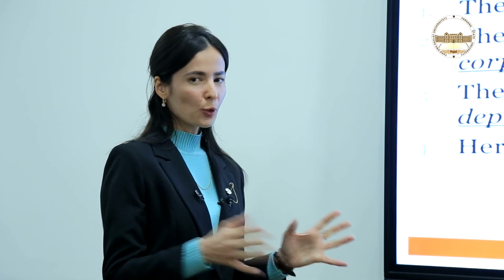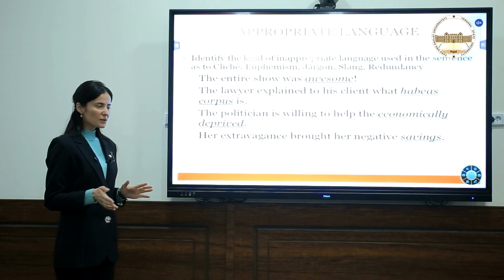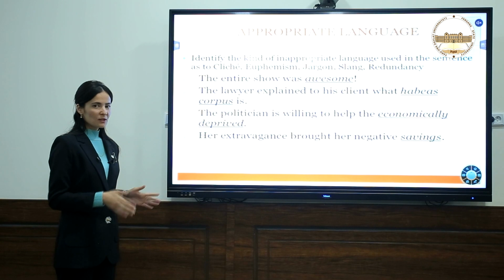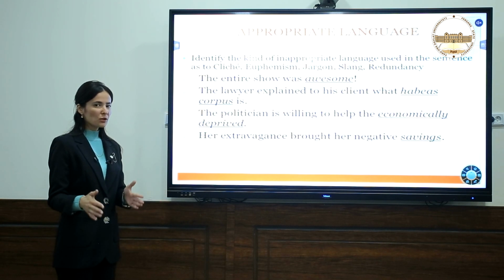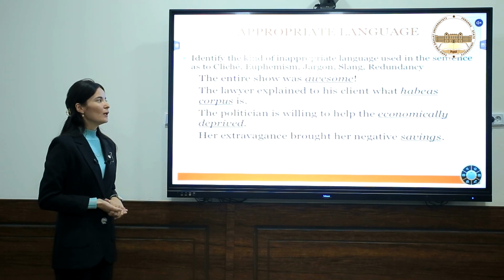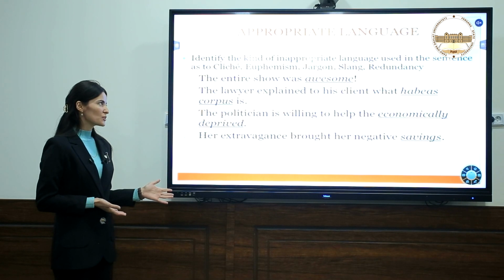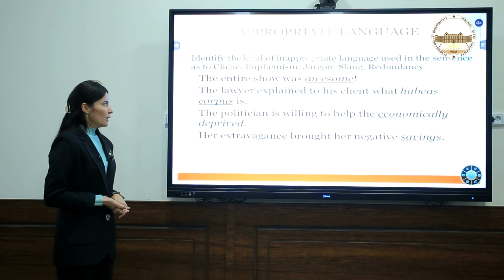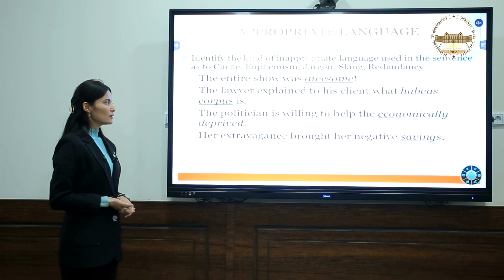Habeas corpus refers to the procedure in court where a place is given for the prisoner to attend. This is just a procedure related to the court. This means it is lawyers' jargon. Next example, "the politician is willing to help the economically deprived."